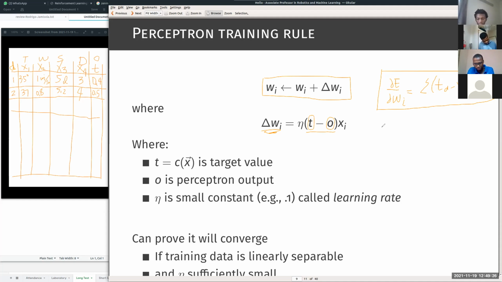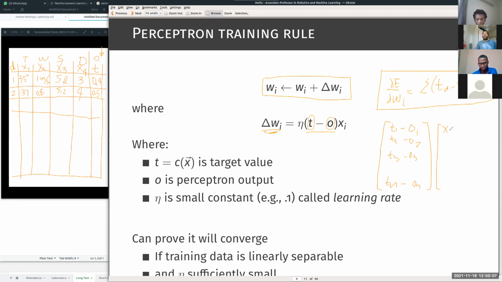Let me see if I can arrive at something. So now you have T1, T2, the target value, that is this one, T3. So T1 minus O1, T2 minus O2, T3 minus O3 and so on until Tn, the number of data, On, multiplied by another vector, x.